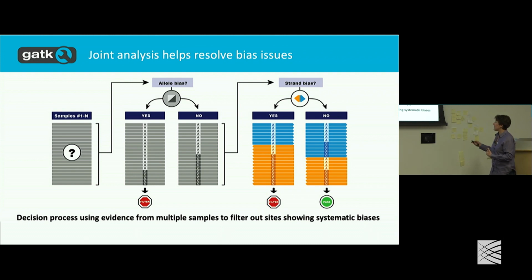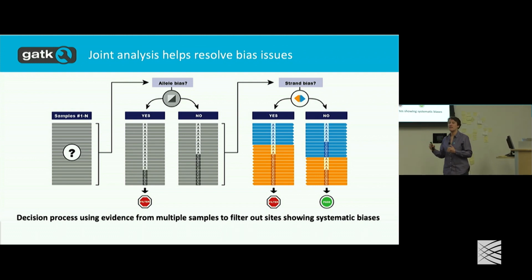But then if we look at the unhealthy case, this is pretty much verifying that across multiple samples, we have the same pattern of not seeing the variant allele on any of the forward strand reads. That is going to tell us that there's actually a recurrent artifact at this site that we should not trust.